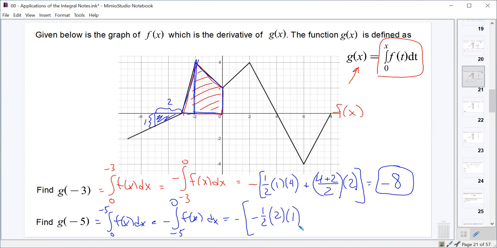And then we'll continue to add to that these other two values that we just found here. One of them was 2 and the other was 6 for the triangle right here and the trapezoid right next to it that gets us back to 0. And so now we've got negative, then inside of here we have a -1 plus 2 plus 6, so -1 plus 8 is 7, and we end up with -7 as our final answer.